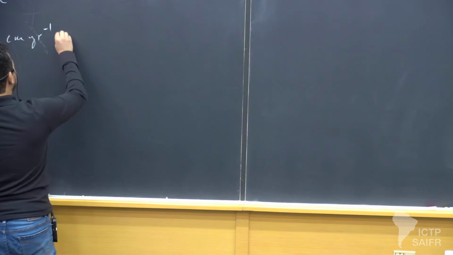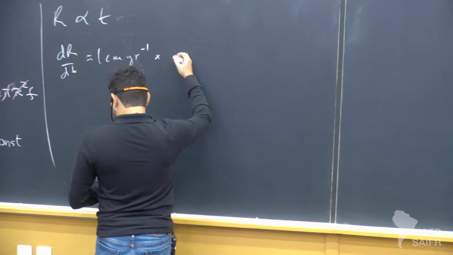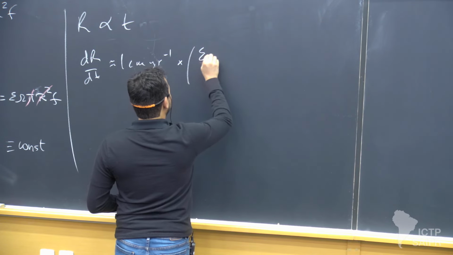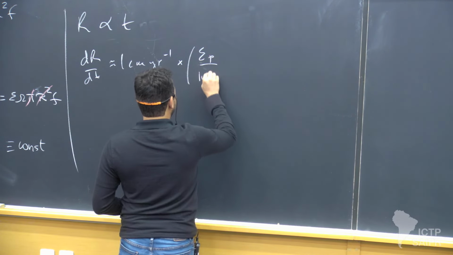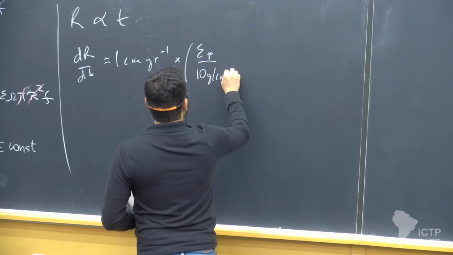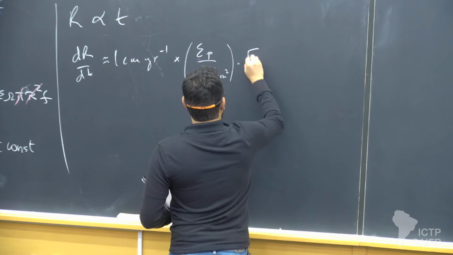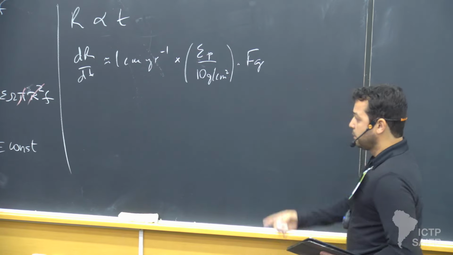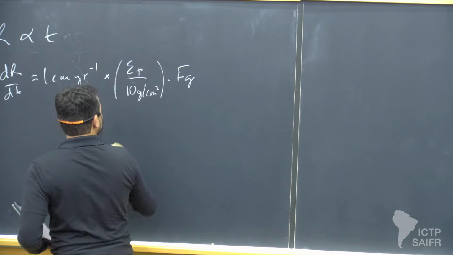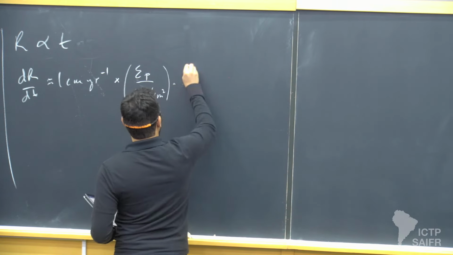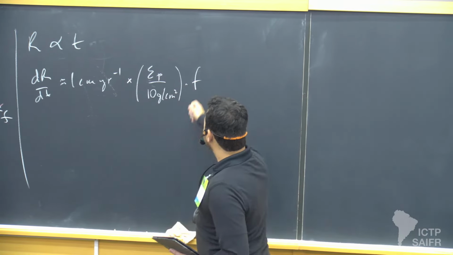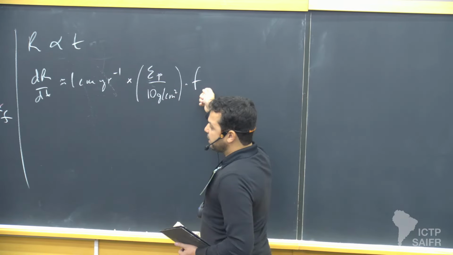However, that growth here depends also on the factor f. I assumed here that the column density of planetesimals would be about 10 grams per centimeter square, times also this f. So if this quantity f is 1, that's the growth rate that you get, which is quite slow.